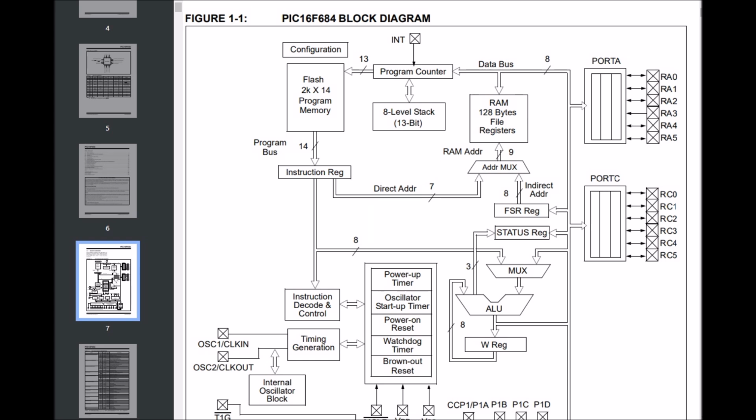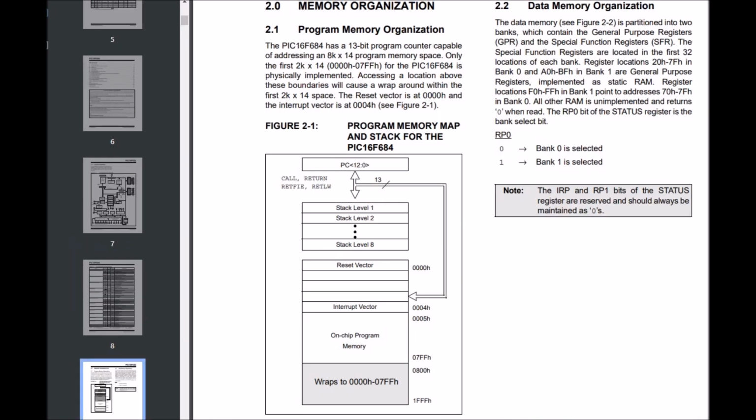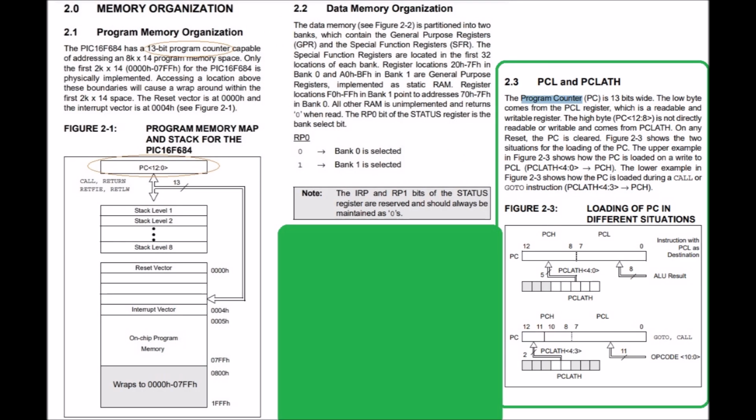Next, I'd like to talk about the program counter in the PIC16F684. The program counter, PC, in the PIC16F684 microcontroller is a crucial component of the Central Processing Unit, CPU, that helps control the flow of the program execution.